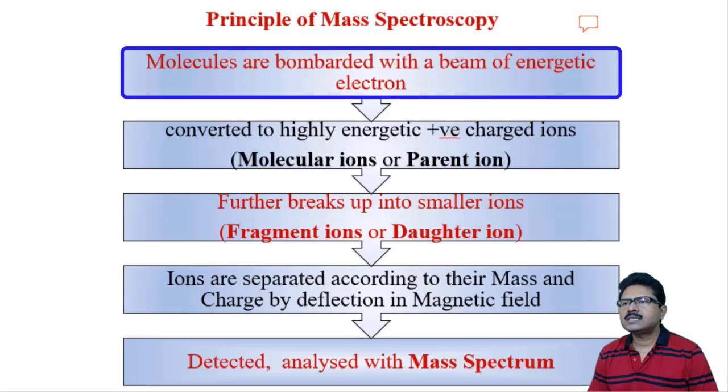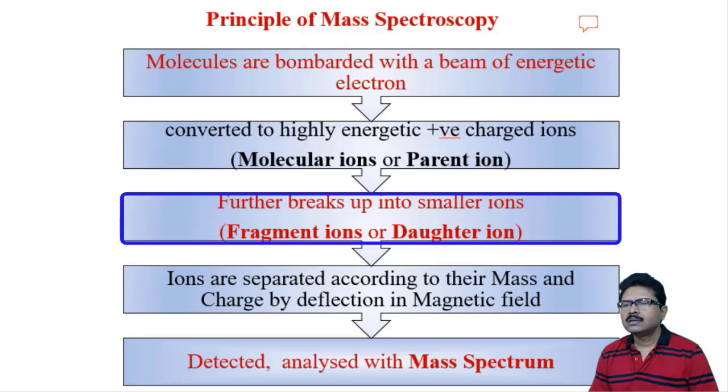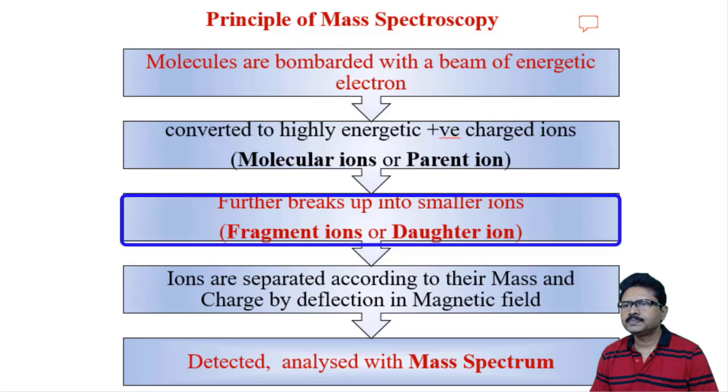Next, coming to the principle of mass spectrometry. Here molecules are bombarded with a beam of energetic electrons. By that, molecules are converted to highly energetic positively charged ions. These ions are normally called molecular ions or parent ions. Further, those molecular ions or parent ions break up into smaller ions, which are normally called fragment ions or daughter ions.